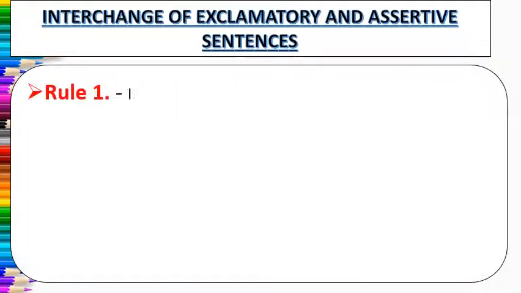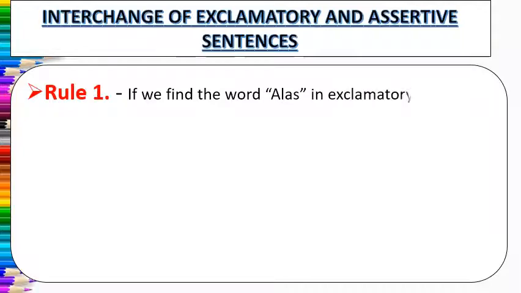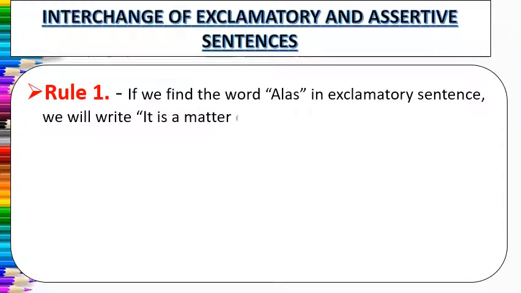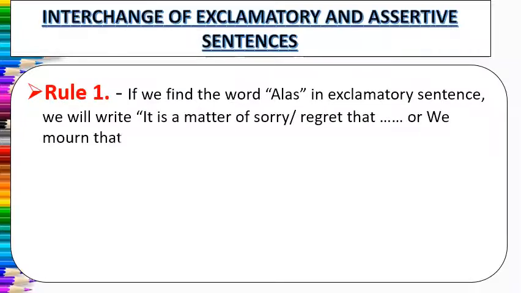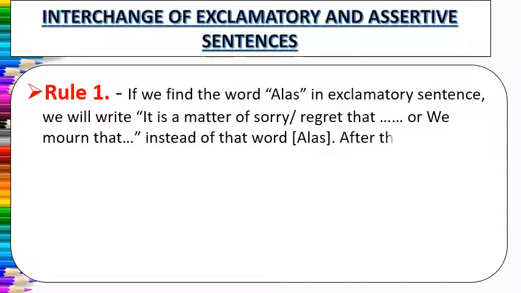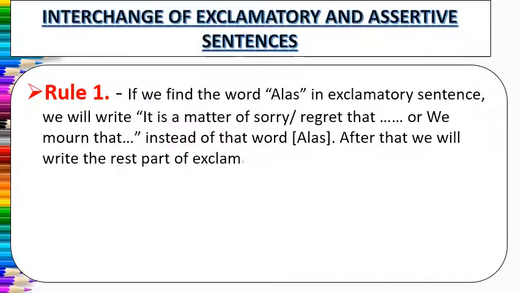Rule number 1 is, if we find the word alas in exclamatory sentence, we will write it is a matter of sorry, regret that, or we mourn that instead of that word alas. After that, we will write the rest part of exclamatory sentence.